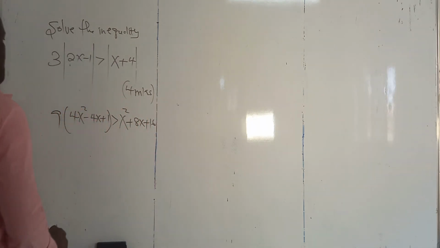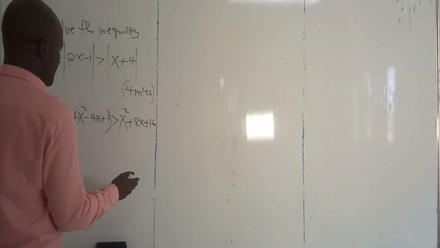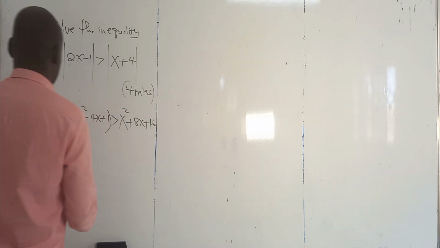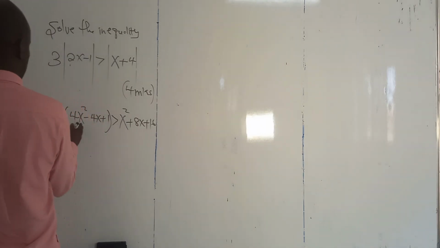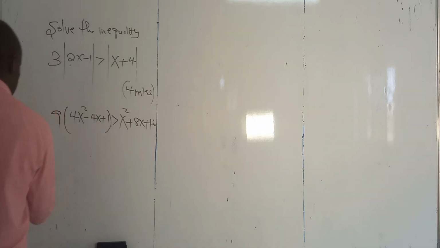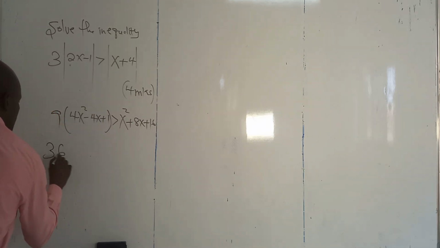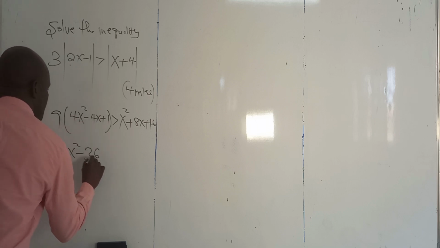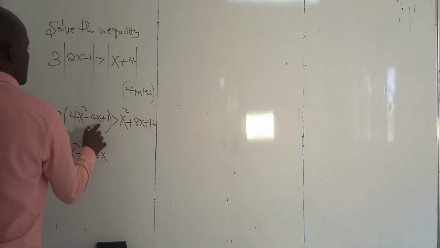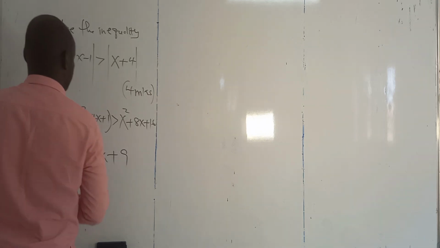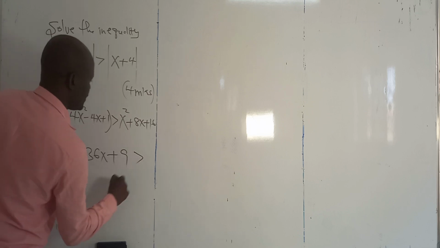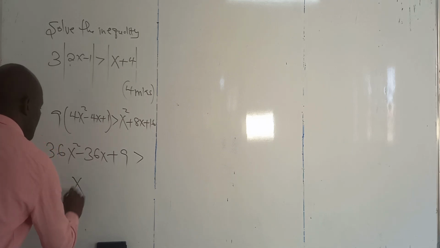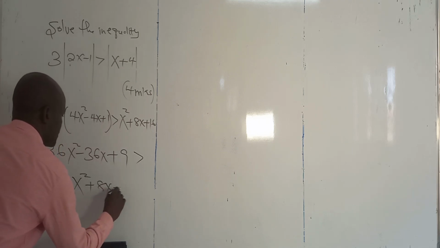I need to open up the bracket and then collect the like terms. If I open up the bracket, I'll be having 36x squared minus 36x plus 9 is greater than x squared plus 8x plus 16.